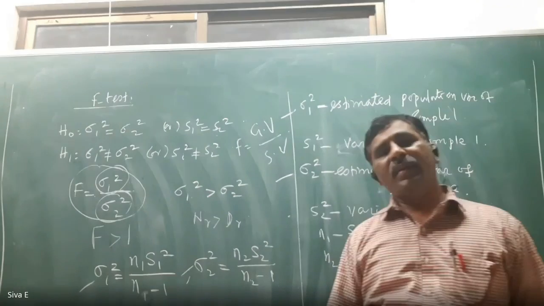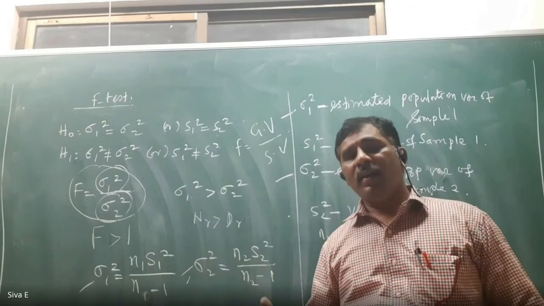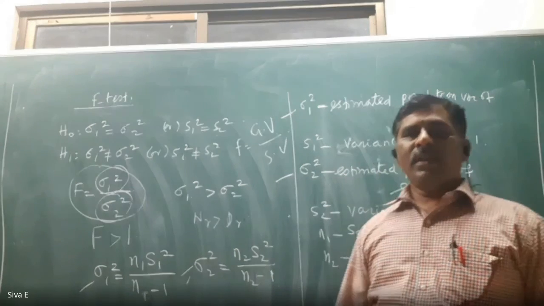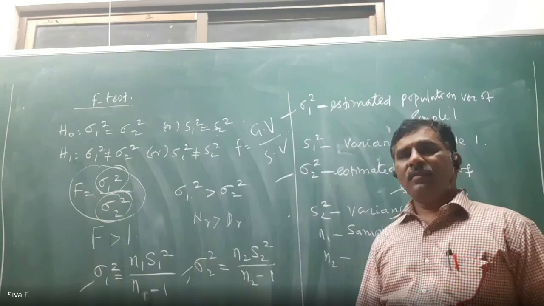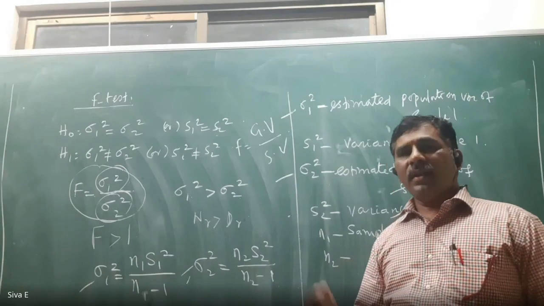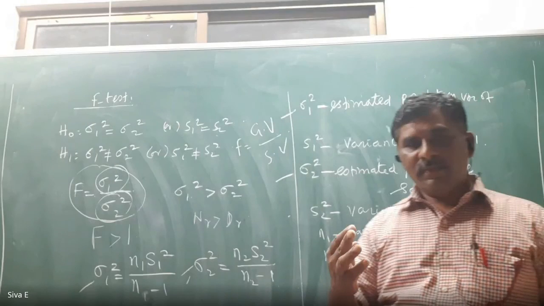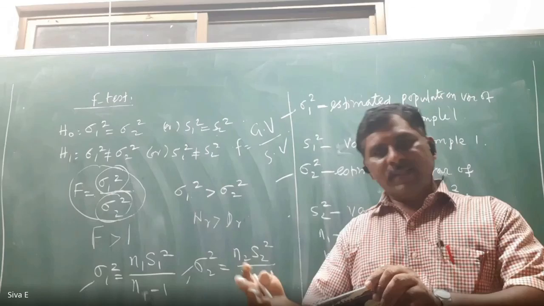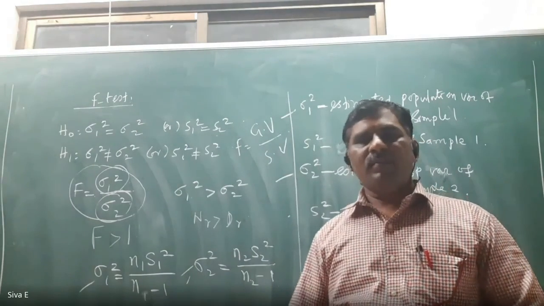Any doubt in the point? In the t-test and other tests that we have done already, the first one we take is sample 1, and whatever second sample is given, that is sample 2.